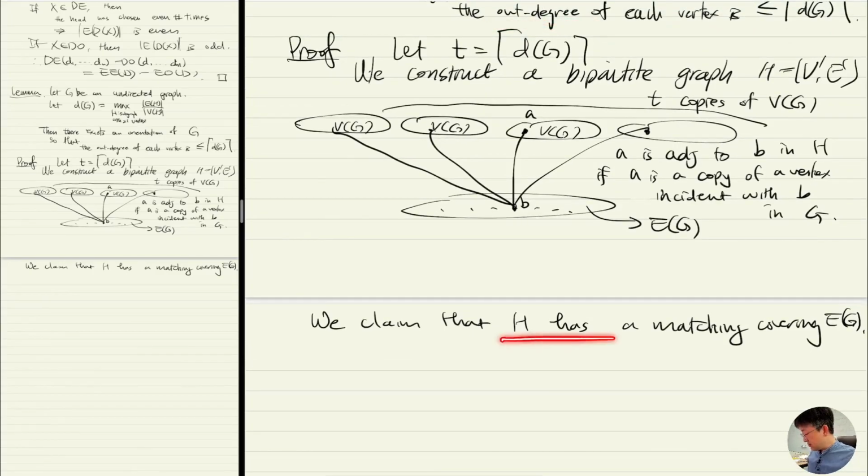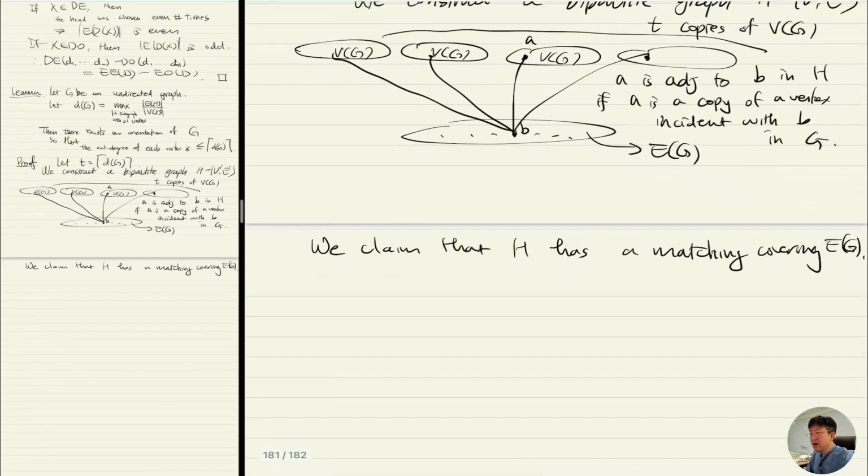As long as we have a matching covering E, then if we use this edge, for edge B we choose A as a tail, and that's the orientation we give. Each edge will have exactly one orientation because it's a matching. But each vertex, since you have t copies, will have at most t edges having that vertex as a tail, so that's the out degree. So this is enough.